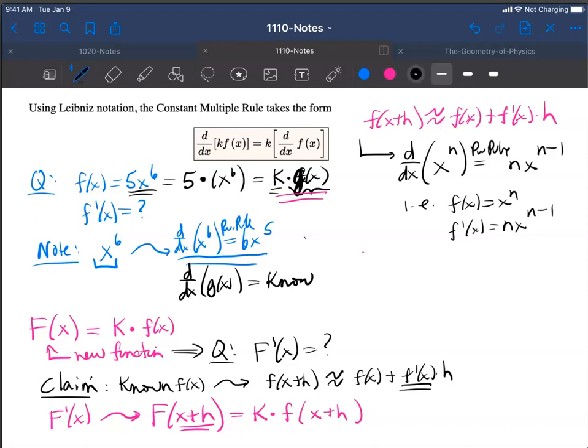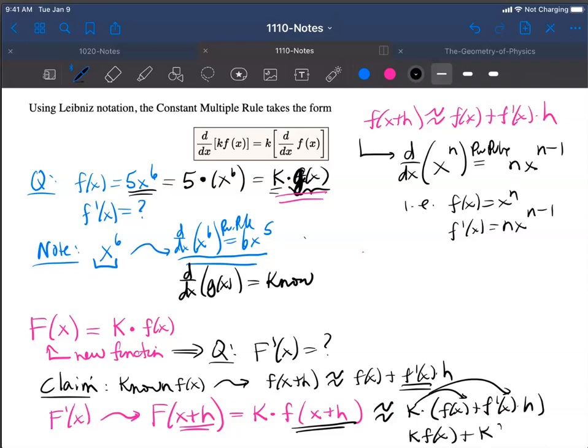Since the little f of x function can be approximated as f of x plus f prime of x times h, we can then distribute the constant k through, and you get k f of x plus k f prime of x times h.